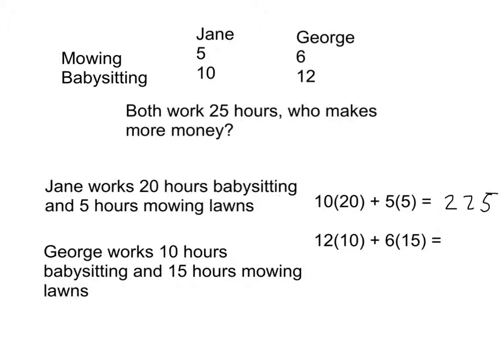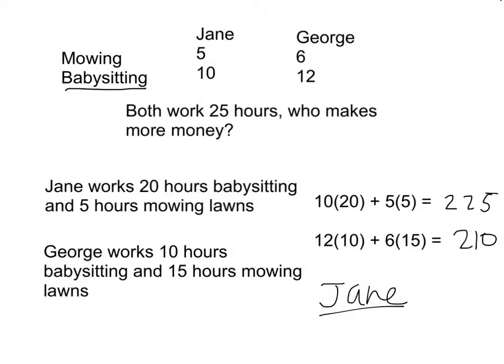And here we have $12 per hour times 10 hours plus $6 per hour times 15 hours, which is going to be $210. So what we see here is that Jane actually makes more money even though she's being paid less in each area and they're working the same amount of hours, because she's working more well-paid hours in babysitting.